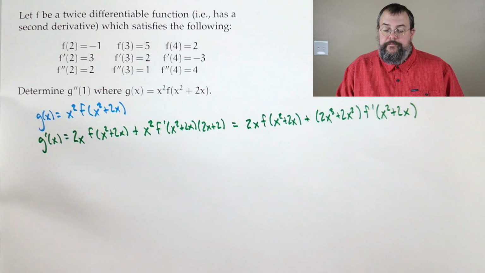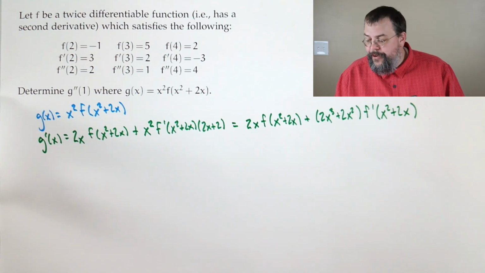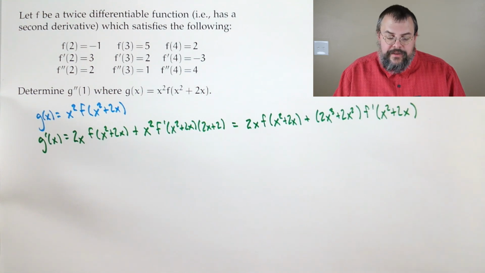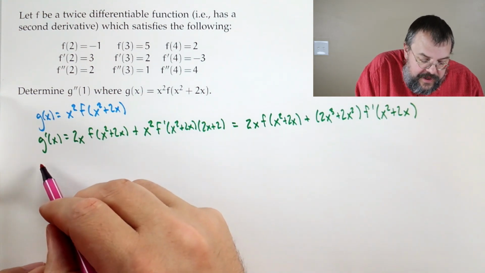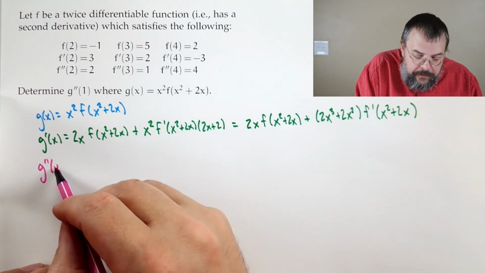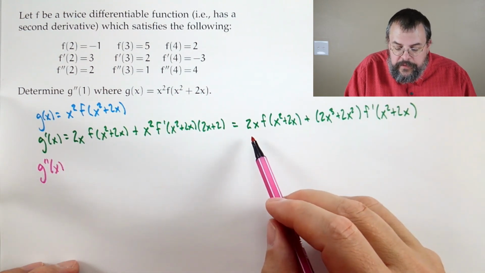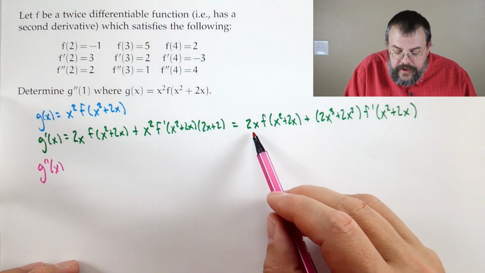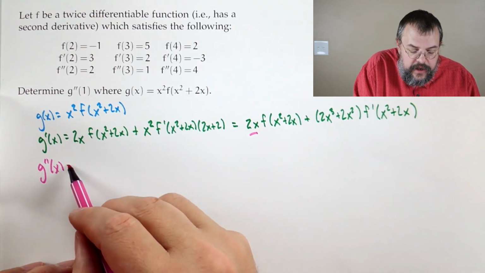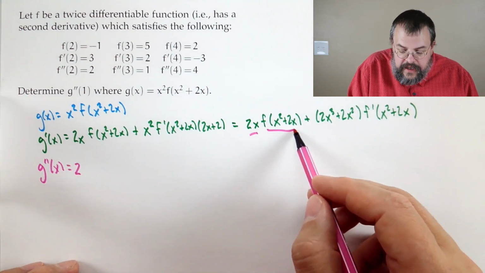Okay, now we're ready for our next derivative. All right, so g double prime of x, and here we go. So come to the first part. So the derivative of the first, so that would be 2 times the second.